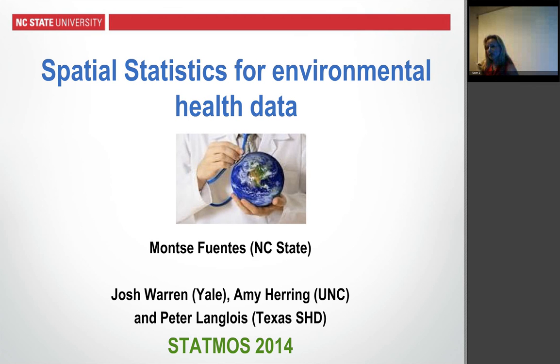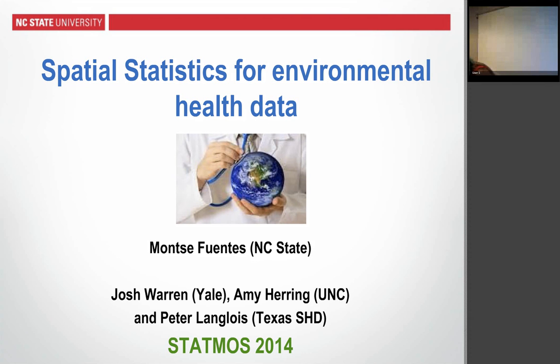So the work I'm going to present here is in collaboration with one of my former students, Josh Warren, now faculty at Yale University, Amy Herring, a professor at UNC, and Peter Langois. He is at the Texas State Health Department. This is a collaboration with that health department. So the environmental health application here of interest is working with adverse pregnancies and outcomes.